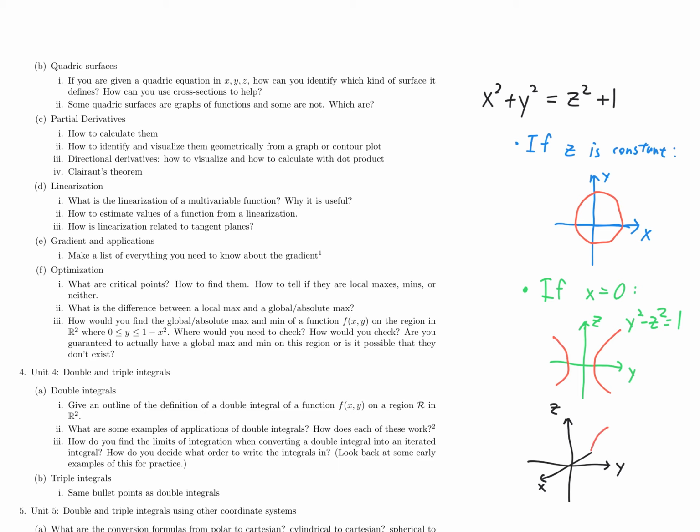So on the one hand, we know that the profile in the yz plane looks like a hyperbola, and we also know that the cross sections parallel to the xy plane are these circles. And so this maybe helps us see that this is a hyperboloid of one sheet.